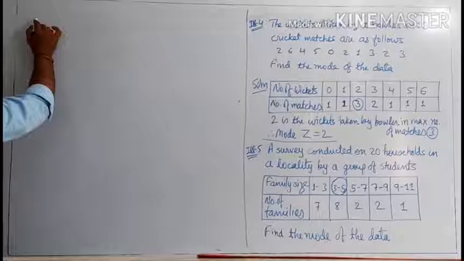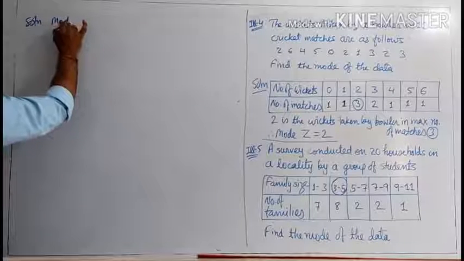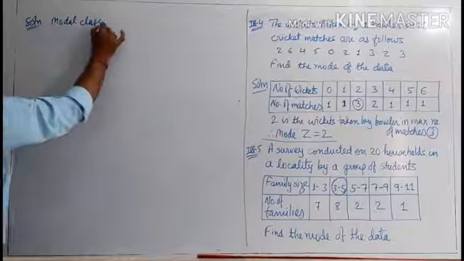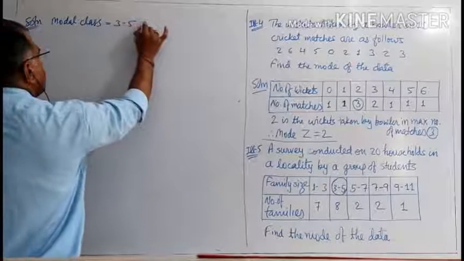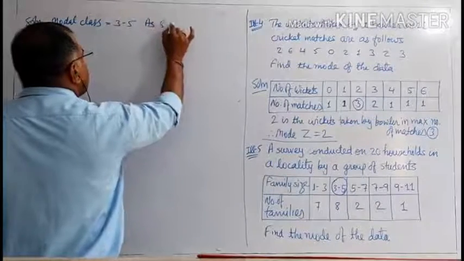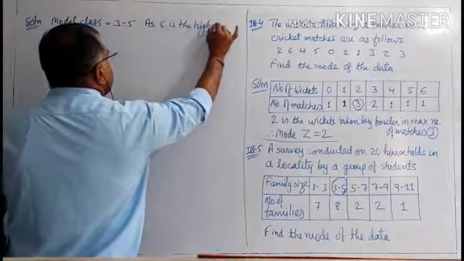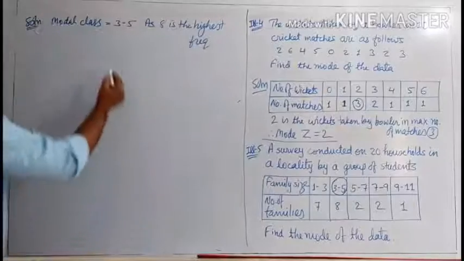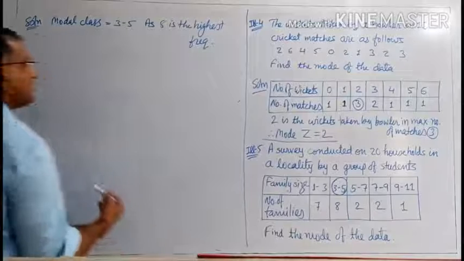What is a modal class? The modal class is 3 to 5. The reason is 8 is the highest frequency, and therefore the modal class is the class with the highest frequency.